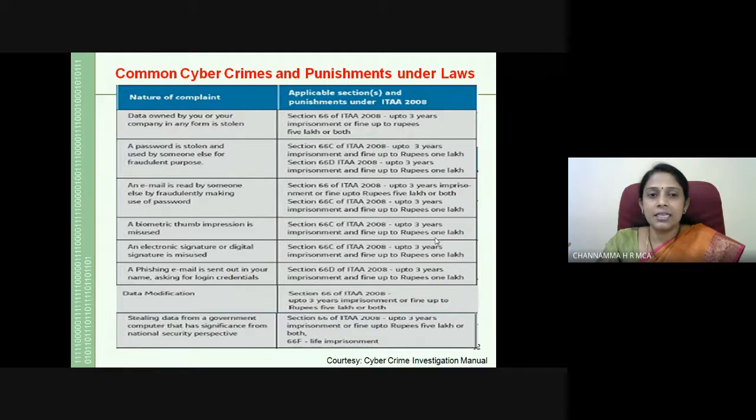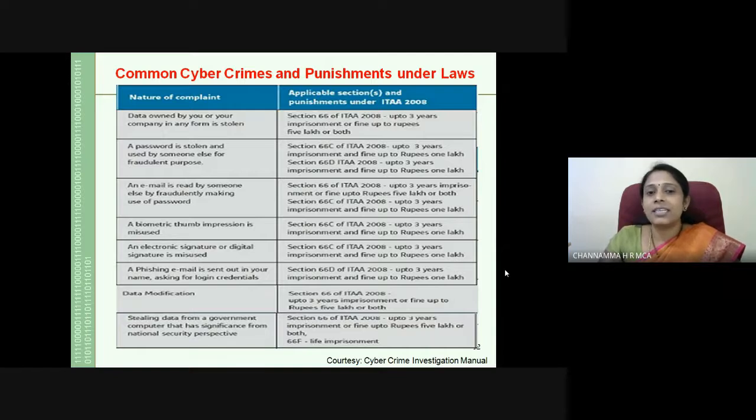And if an email is read by someone else by fraudulently making use of a password, if somebody uses our password and reads our emails, and they misuse our email accounts by sending emails and so on, for that also it is the same: 3 years of imprisonment and a fine up to rupees 5 lakhs.